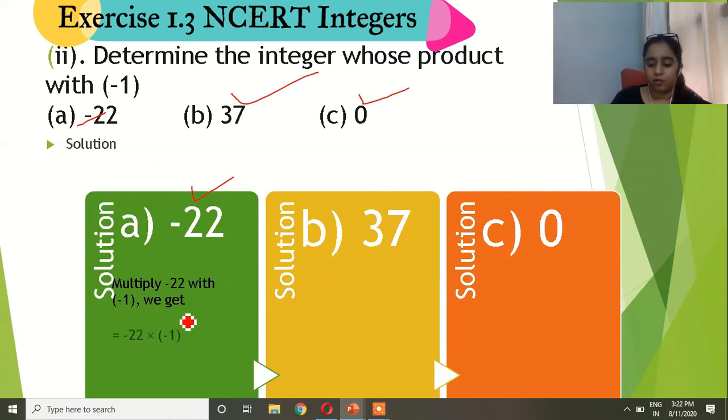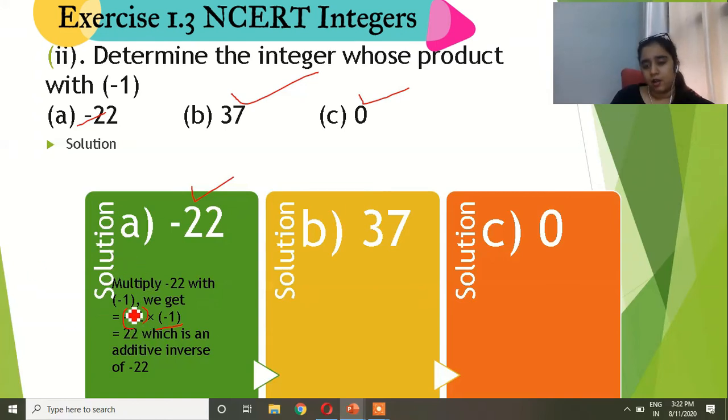What will we get? That is -22 multiplied by -1, and I have written -1 in a bracket because this is a negative number, and -22 is also in a bracket. When I multiply 22 by 1, I will get the answer 22. But the point is plus 22 or -22.